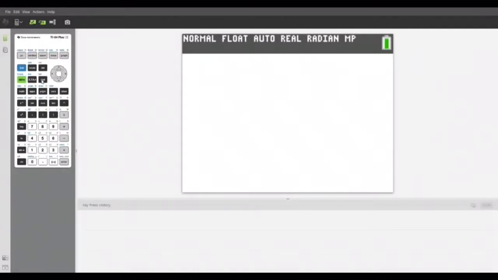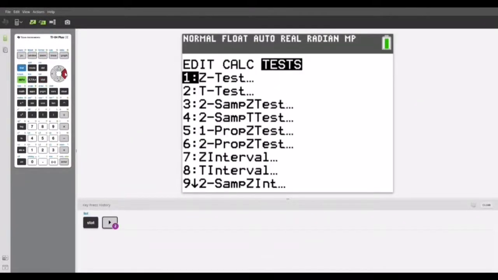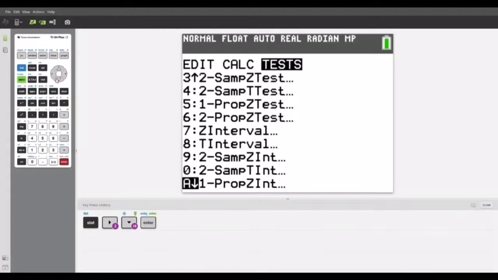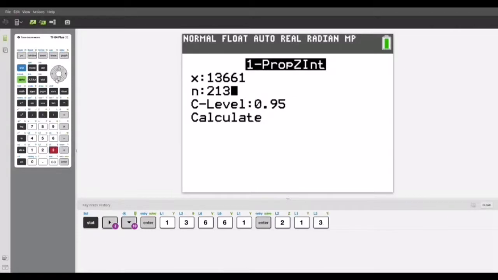On your calculator, you are going to go to Stat, Test, down to 1-PropZInt. x is the value of 13,661, n is 21,346.